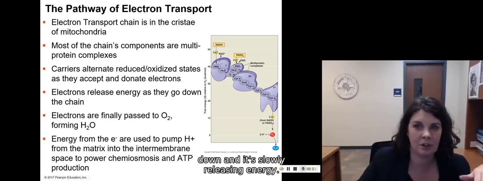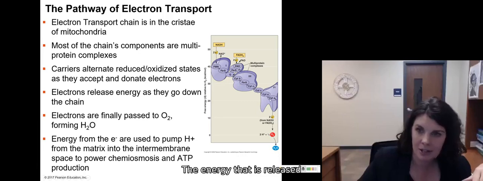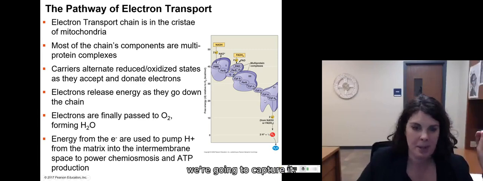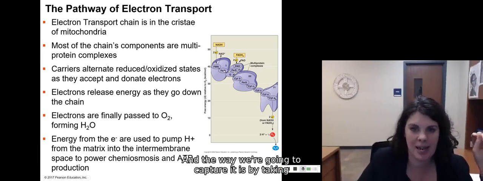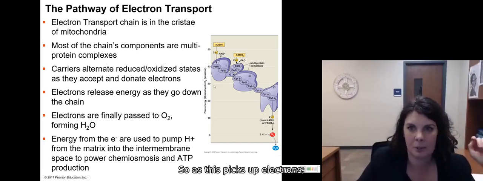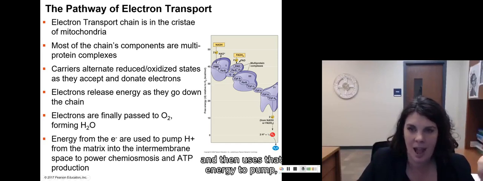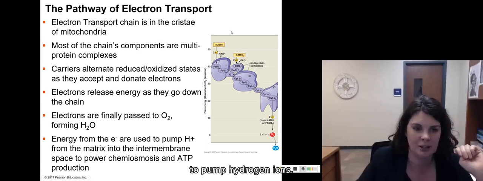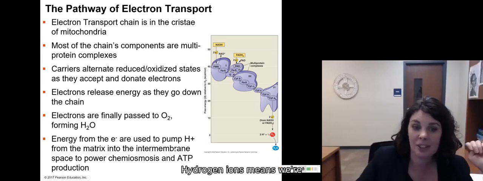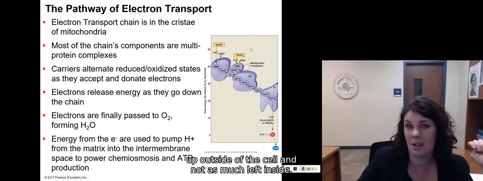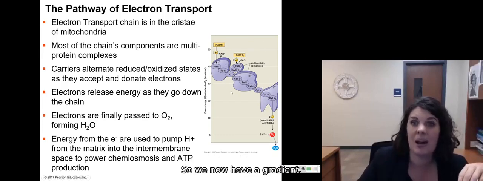As these electrons are passing down and slowly releasing energy, the energy that is released is not just going to dissipate away. We are going to capture it. And the way we're going to capture it is by taking hydrogen and pumping it out of the cell. So as this picks up electrons, it passes down the electrons and then uses that energy to pump out hydrogen ions. So hydrogen ions means we're going to have a lot of hydrogen end up outside of the cell and not as much left inside.